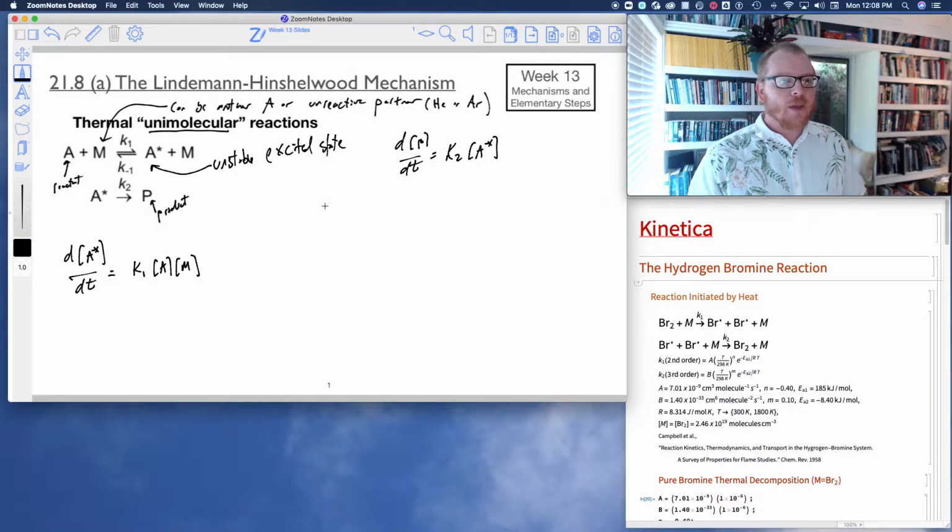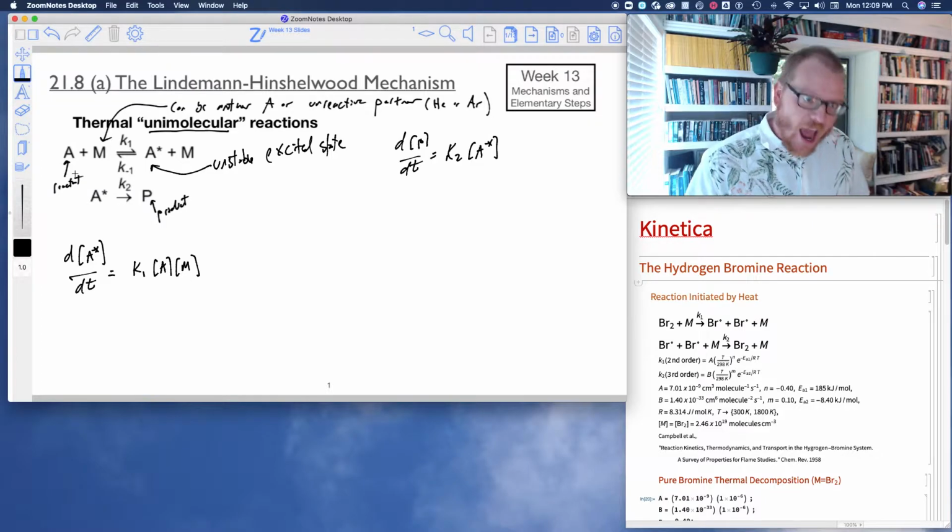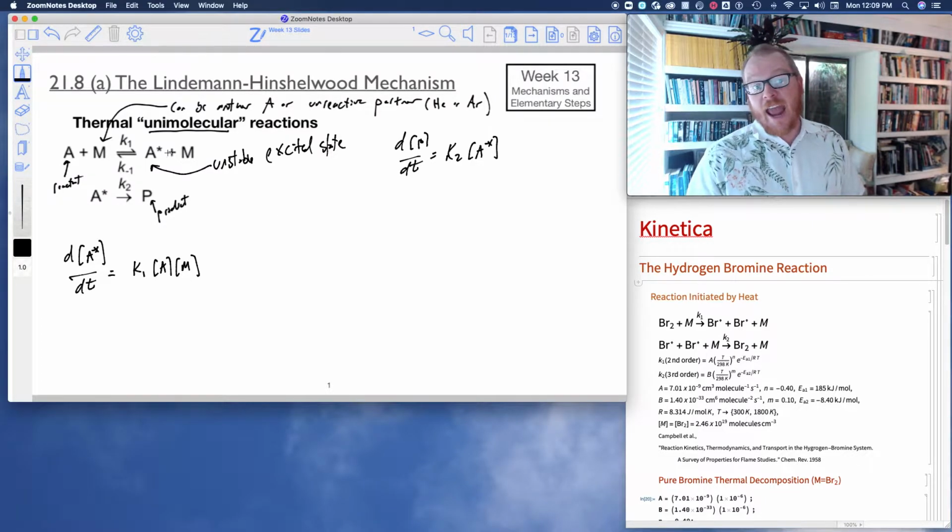That's the forward reaction, but it is possible that A star can react with this second body and go right back to forming its stable ground state. That occurs at rate constant k minus 1.